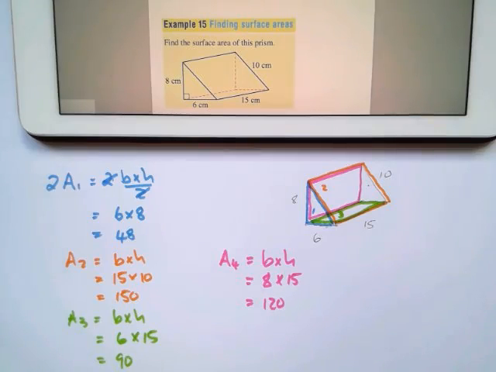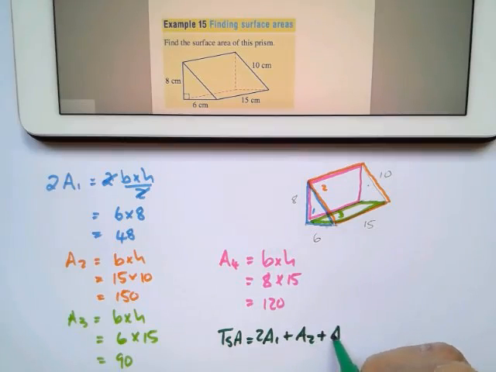I can then say that my total surface area equals area 1 times 2 plus area 2 plus area 3 plus area 4.